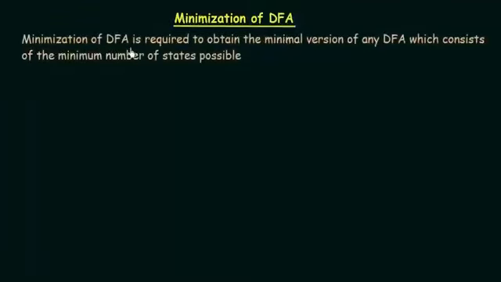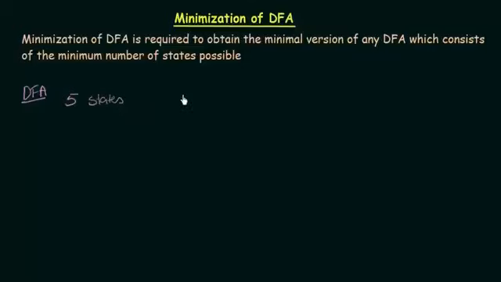Minimization of DFA is required to obtain the minimal version of any DFA, which consists of the minimum number of states possible. Alright, so what does this mean? Let us take a simple example to explain this definition. Suppose you are given the task to design a DFA, any DFA, and then you design this DFA using 5 states.